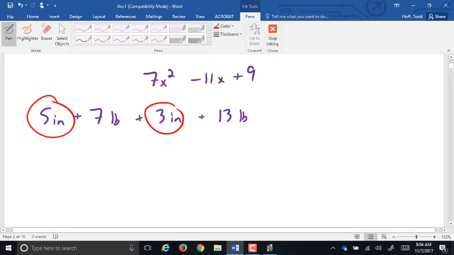The like names. The 5 inches and the 3 inches make 8 inches. 7 pounds and 13 pounds make 20 pounds.